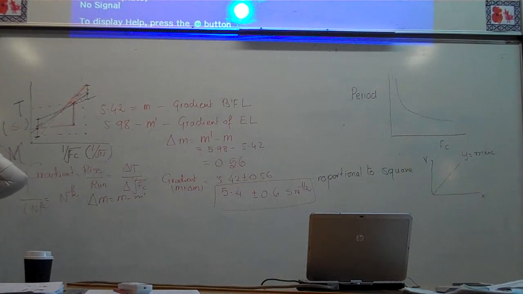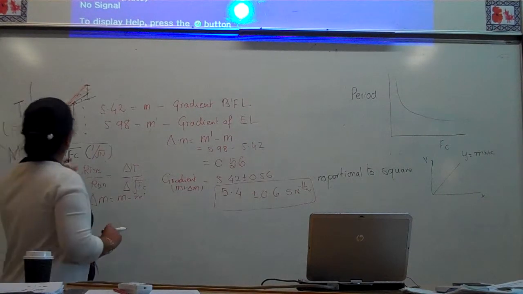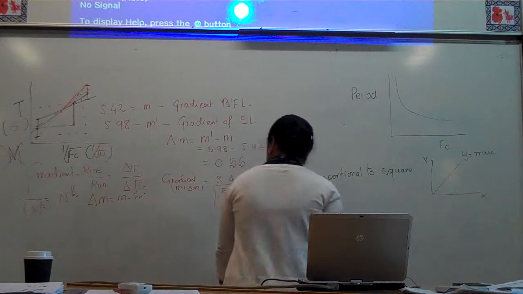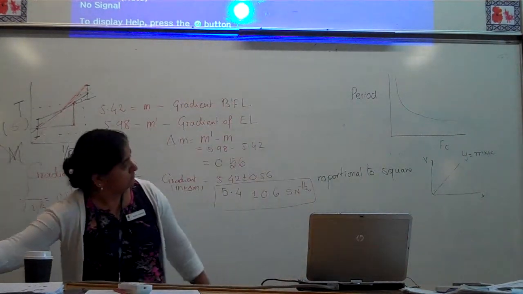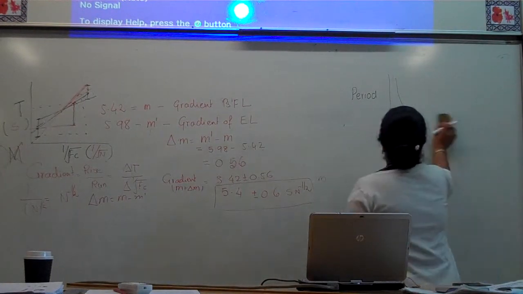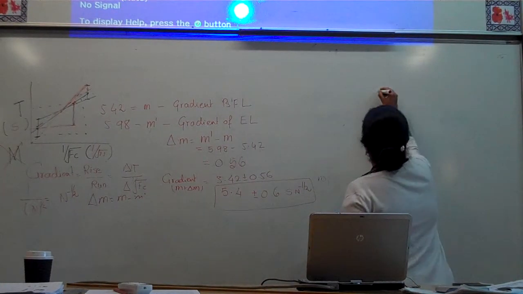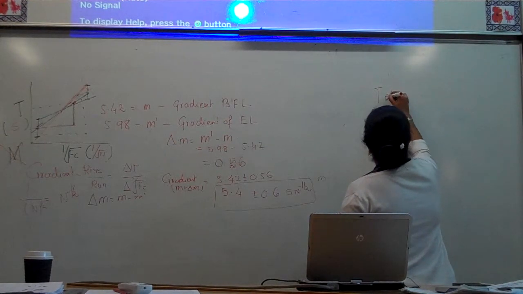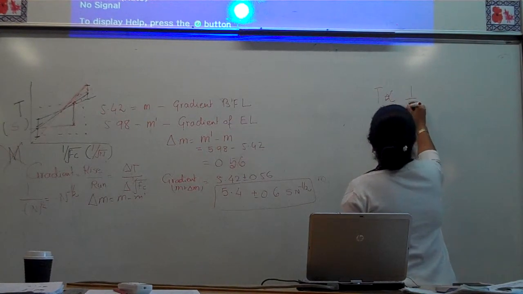Not finished yet, now we are going to write down the mathematical equation. Because it's coming from this graph, we know that time period is directly proportional to 1 over square root fc.